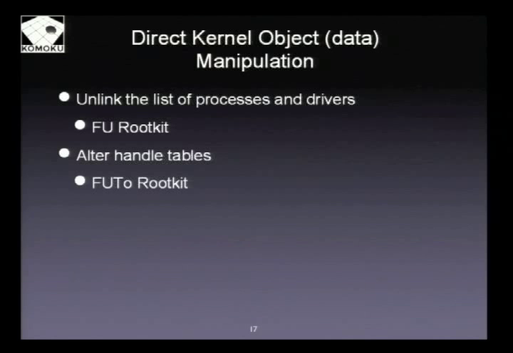Anyway, I started that with the FU rootkit, and then recently it's progressed to the FU2 rootkit, which not only unlinked the linked list of processes, which is a data structure within the kernel, but also took the additional measure of unlinking the handle tables and going after the handles themselves in memory, because there was a security product on the market that was using the handle table in order to find the hidden processes.